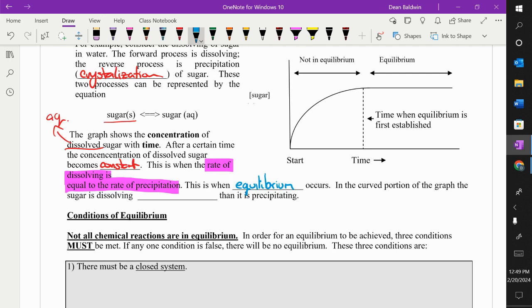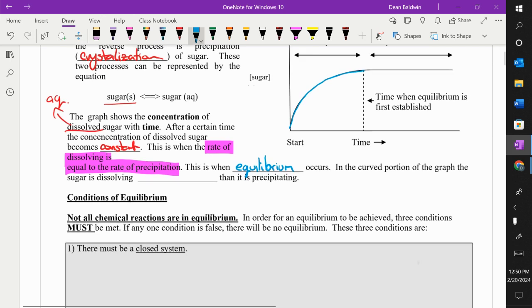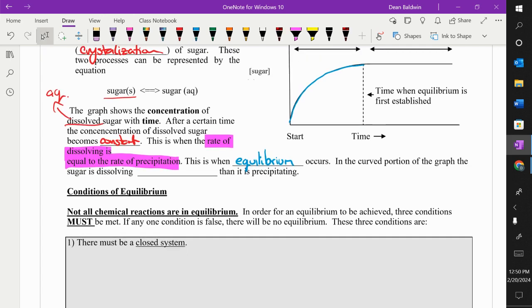It won't be a curve. It'll be a flat line. Whereas in this part of the graph, the curved part, that's when this dissolving is happening at a faster rate than it's precipitating.